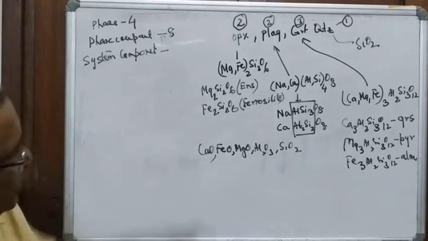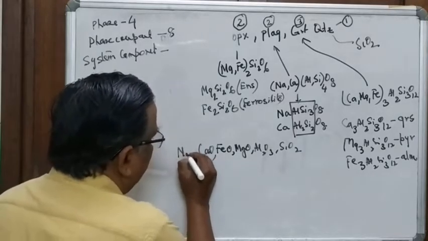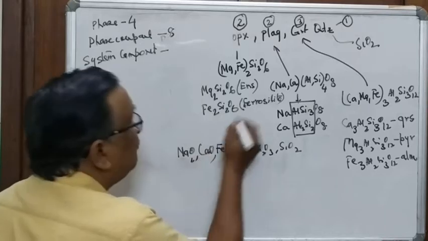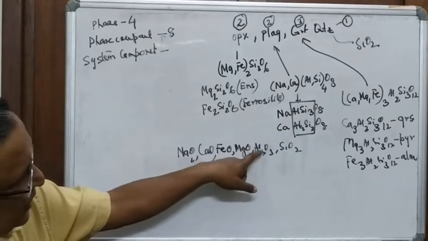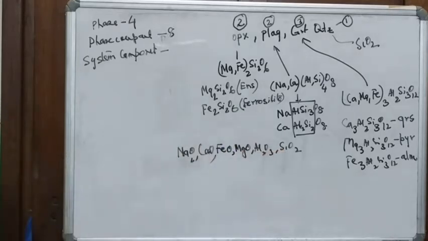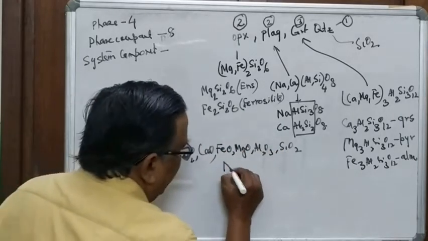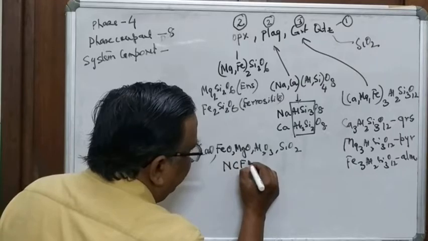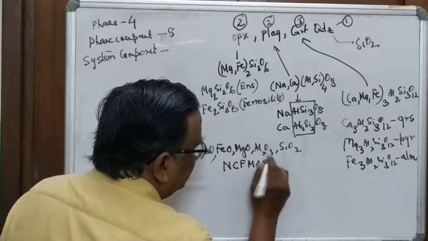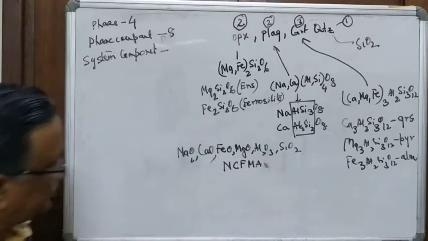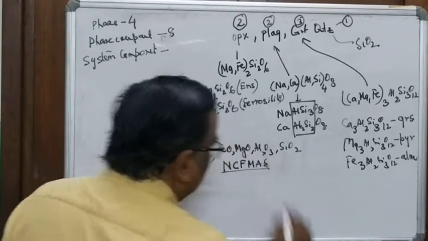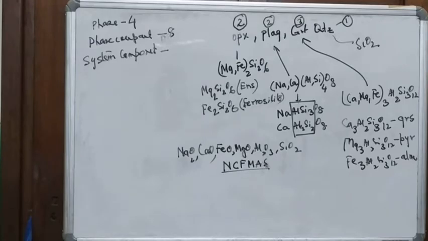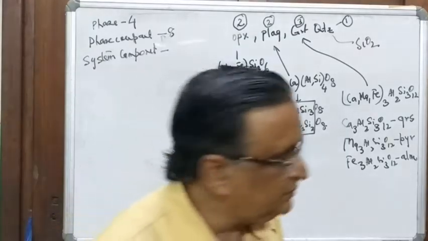CaO, FeO, and there is another one, Na2O for plagioclase. Na2O, CaO, FeO, MgO, Al2O3, SiO2. So it's called NCFMAS. No water.